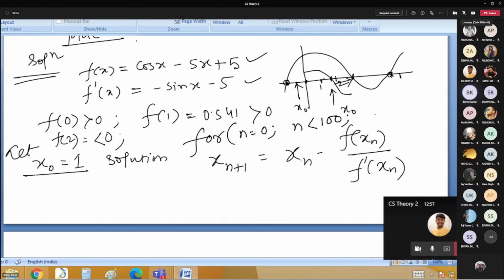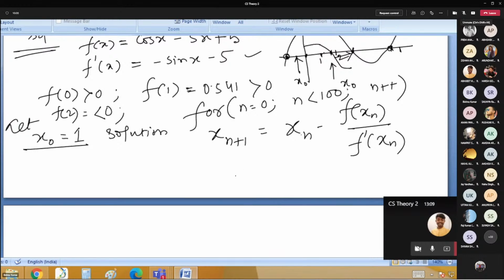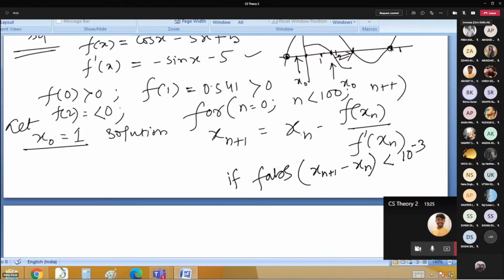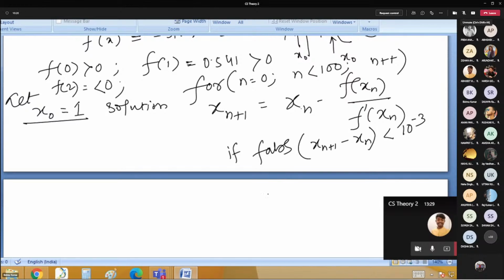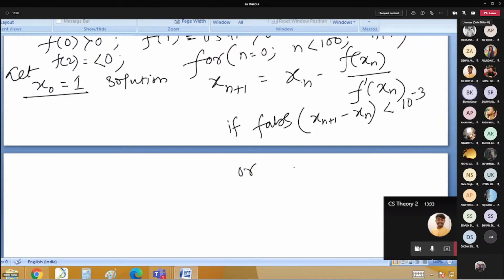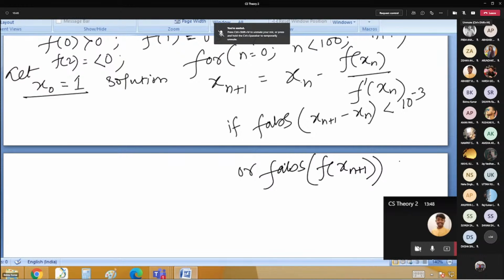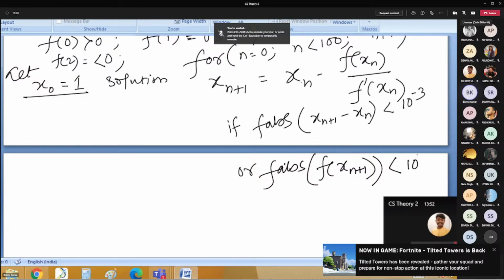After 1 or 2 or 10 iterations, if the absolute value of two consecutive iterations, xn plus 1 minus xn, is less than 10 to the power minus 3, or that is the root, then the absolute value of f of xn plus 1 is less than 10 to the power minus 3.